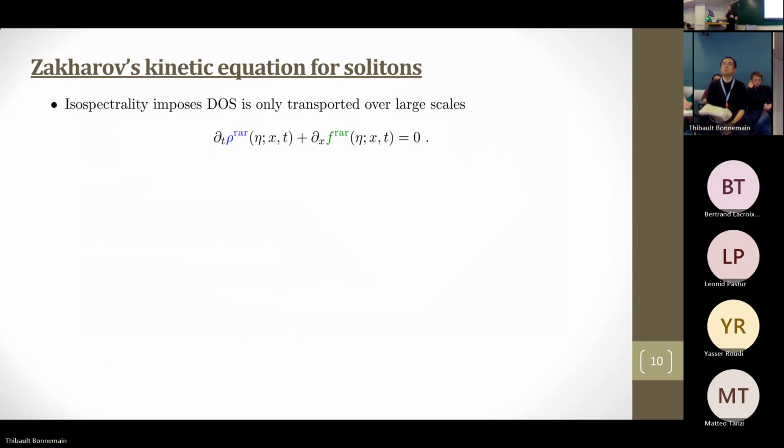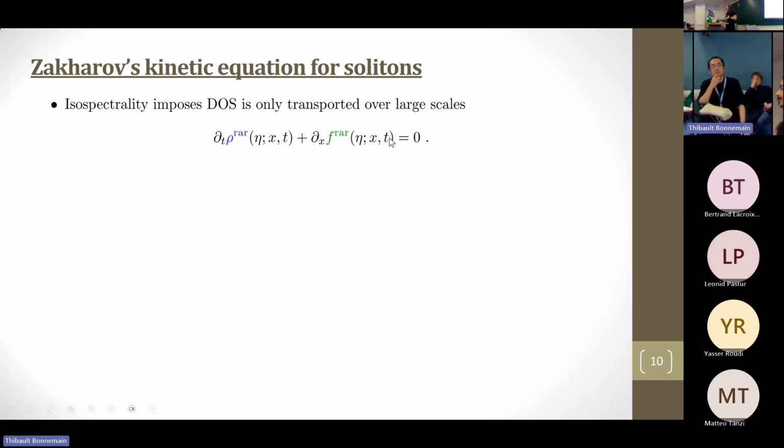And we would also like to know how those statistical properties would evolve at large scales. And the thing is, our solitons interact elastically, so the etas cannot change with the dynamics. So the system is said to be isospectral, and that means that the density of states can only be transported. Okay, you cannot create new etas, you cannot create new solitons.